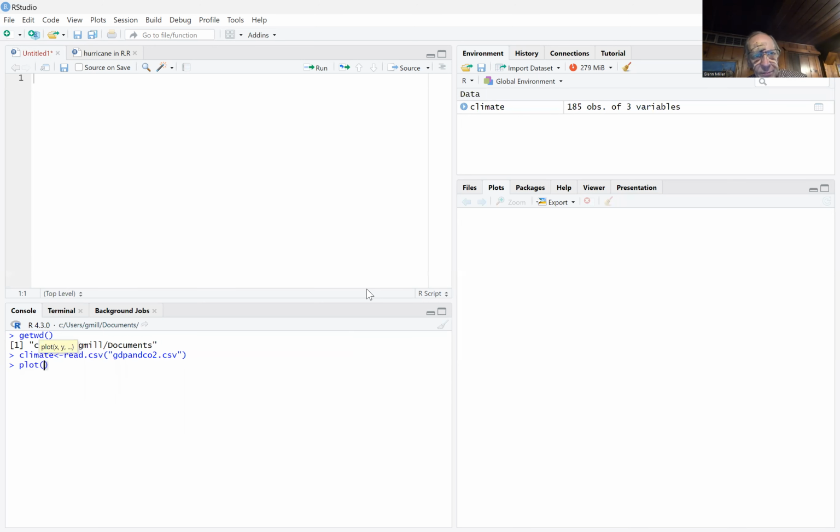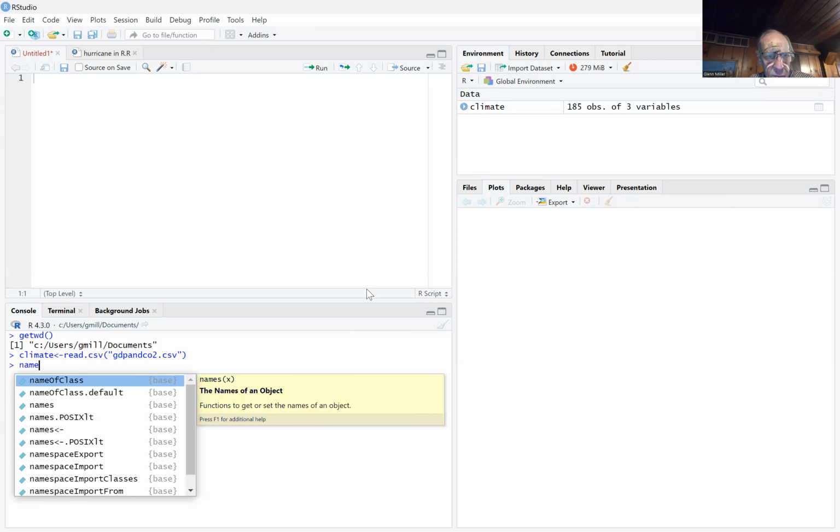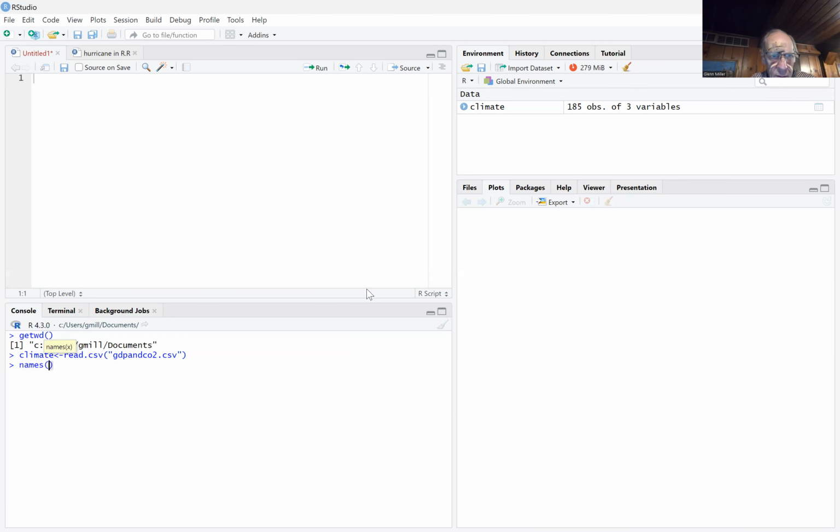Let's plot. Oh, so what am I plotting? I need to know what the variable names are. So I'll use the names function to see what the variables are: GDP and CO2 emissions. So CO2 emissions, that's my dependent variable.